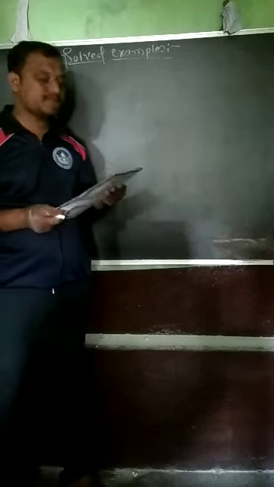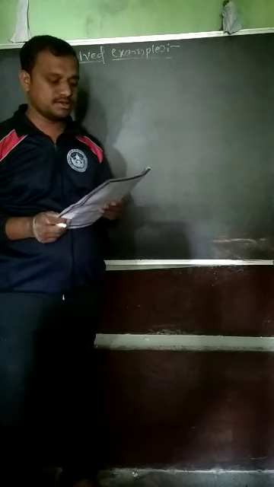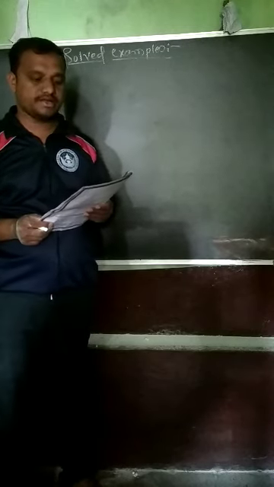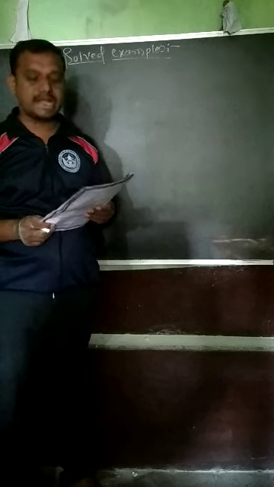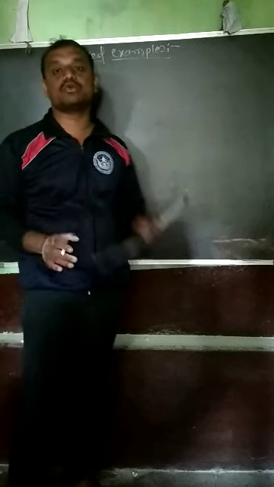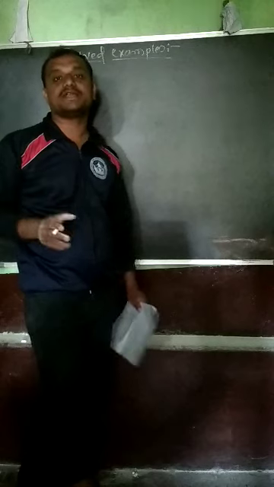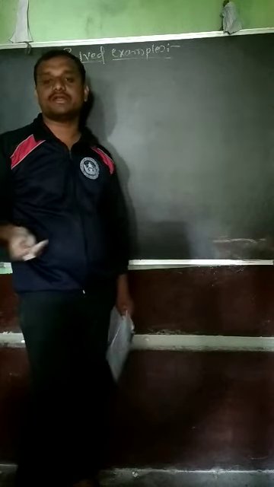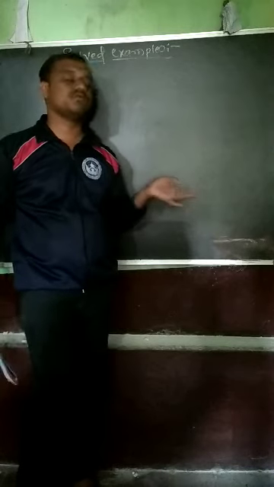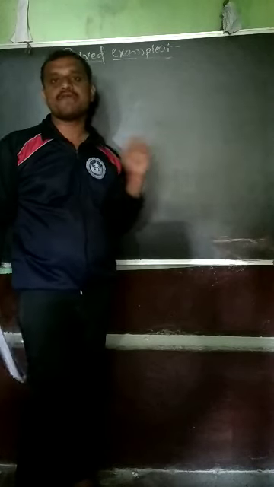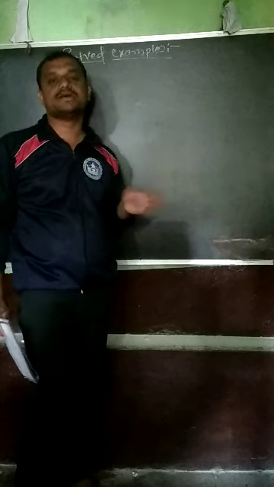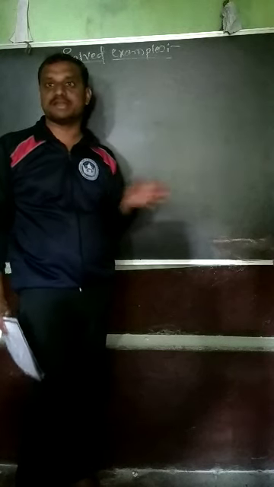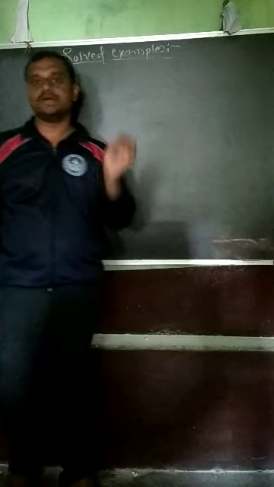Next we go to solved examples. In the books they have given: write the following sets using the listing method and classify them into finite and infinite sets. A finite set will have countable elements, and infinite means uncountable. Before this, what is the definition of a set? The collection of well-defined objects is called a set. A singleton set is a set containing only one element.